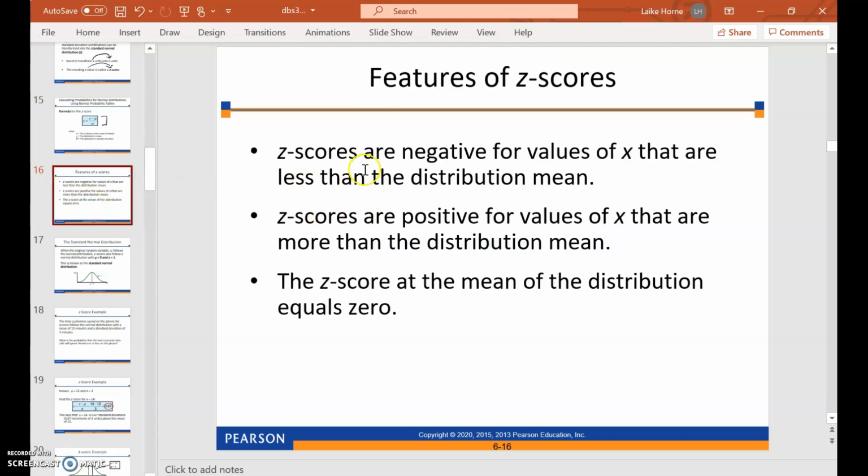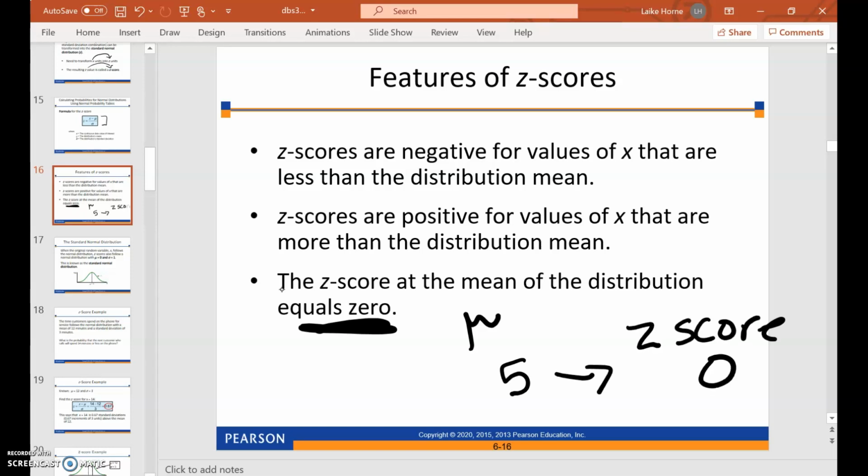Okay, z-scores that are negative are going to be less than the distribution mean, and z-scores that are positive are going to be greater than the distribution mean. And the z-score at the mean is going to be 0. So you are converting the mean. If the mean is 5, the z-score is going to be 0.